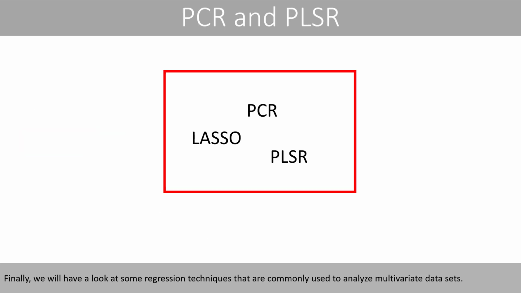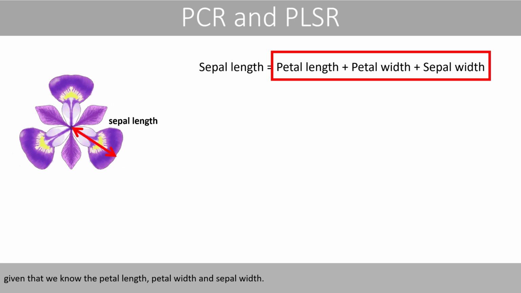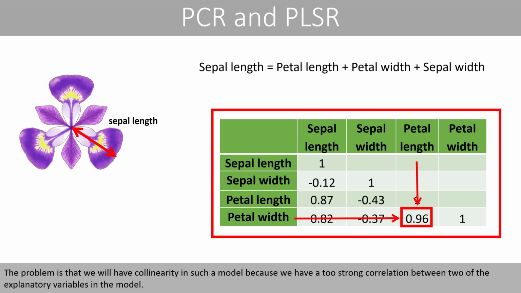Finally, we will have a look at some regression techniques that are commonly used to analyze multivariate datasets. Suppose that we would like to create a regression model that can predict the sepal length, given that we know the petal length, petal width, and sepal width. The problem is that we will have collinearity in such a model because we have too strong a correlation between two of the explanatory variables in the model.